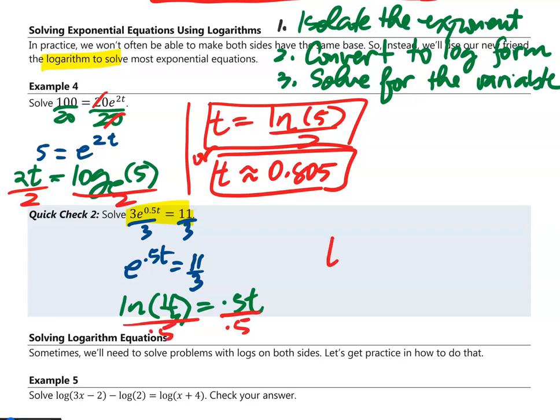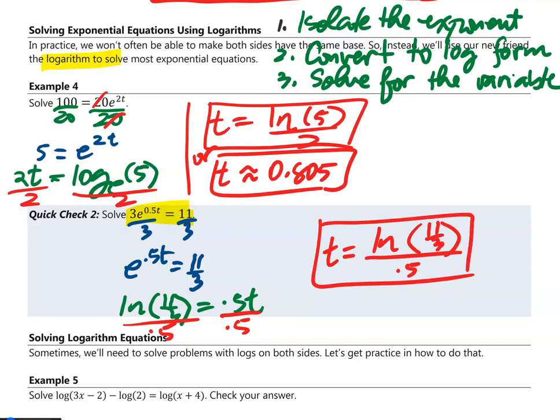So t is equal to ln of 11/3 over 0.5, or 2 times ln of 11/3, which is approximately equal to 2.6.